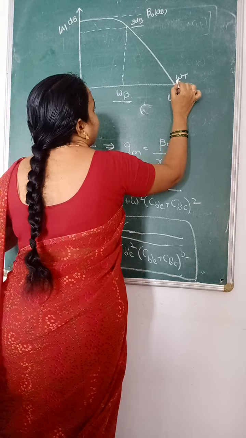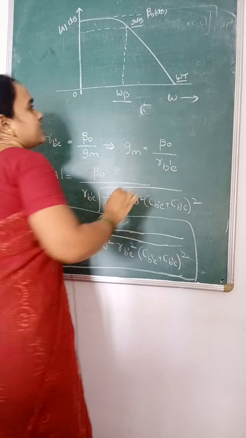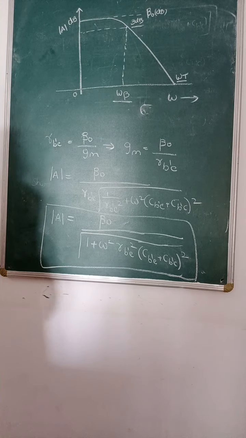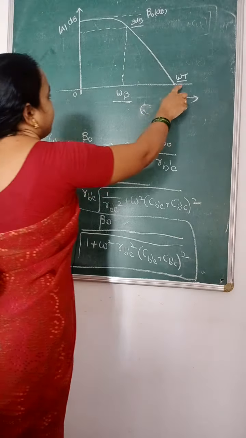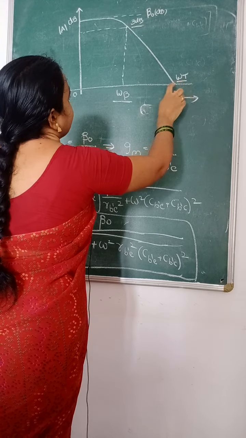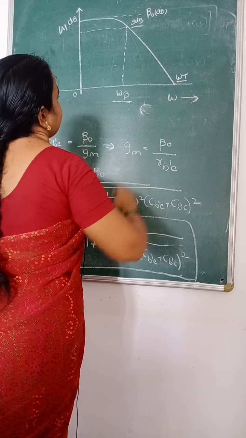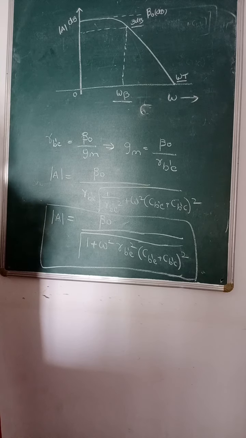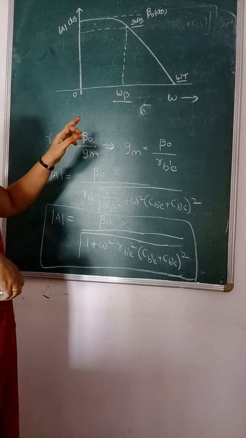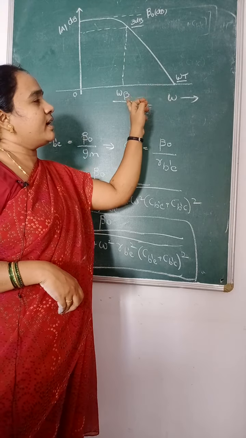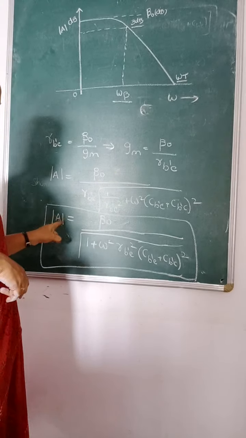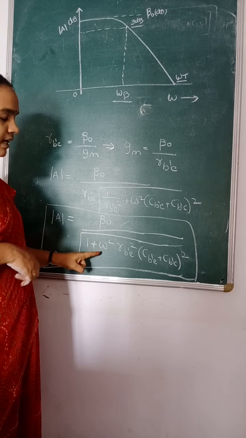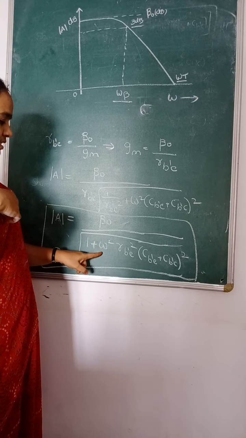And here this is the another frequency called the transition frequency. At the transition frequency, total gain becomes 0. Gain becomes 0 in decibels. So here we will have the two terms omega B and omega T. The gain will be constant at 0 frequency.